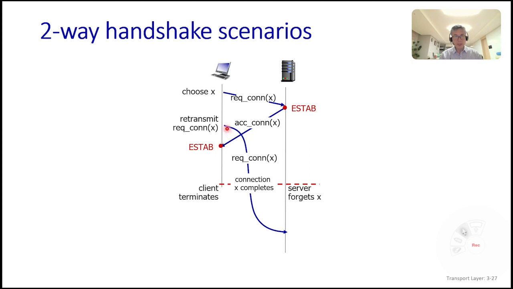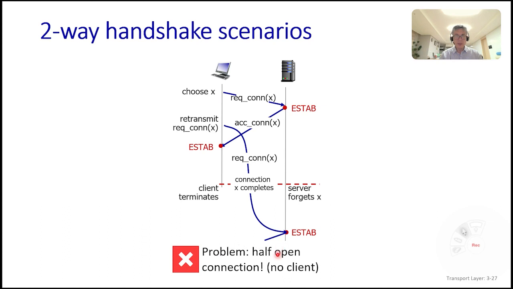In that case, the server receives it again, having forgotten x, and creates a new connection using the previous x, and then acknowledges. So it is half open: the server is open, and the client is closed. This is a problem.